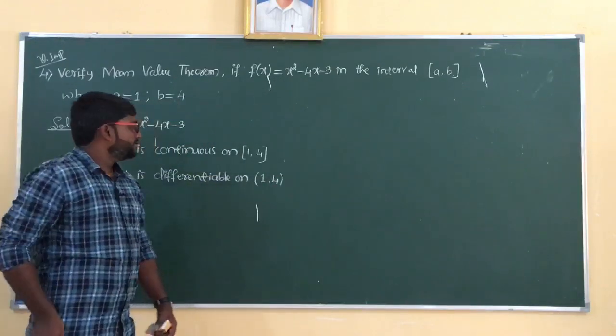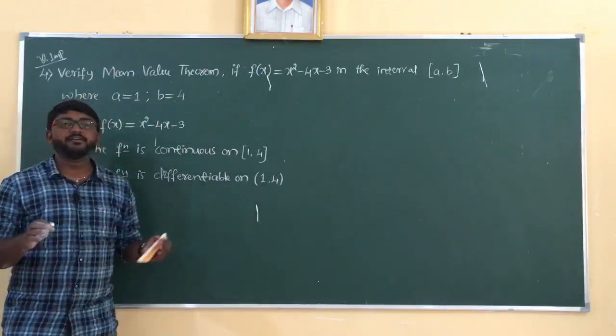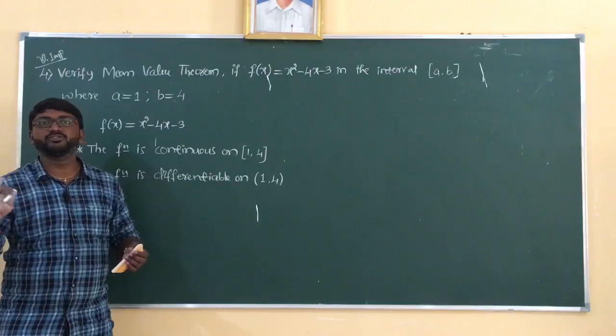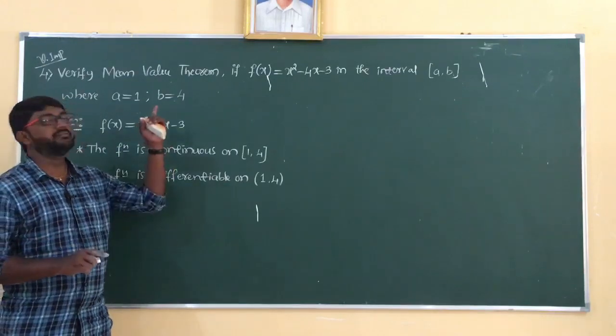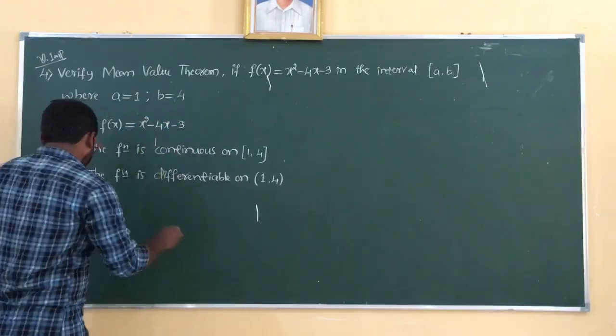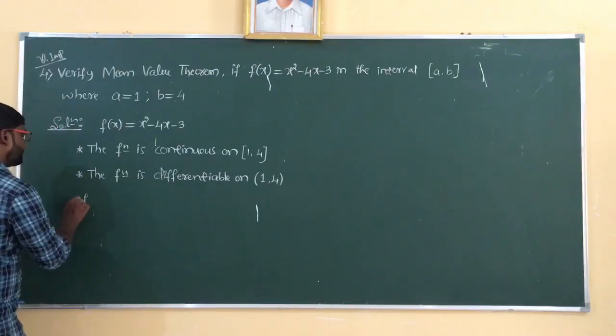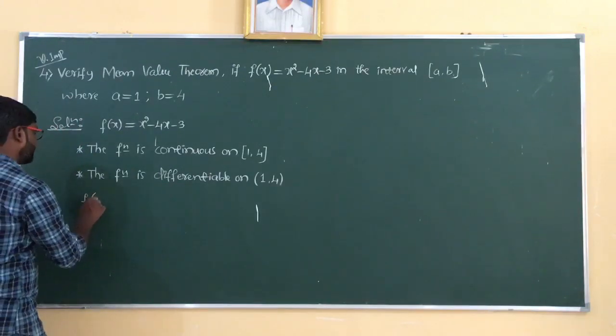And then next we have to check f of a and f of b both should not be equal in mean value theorem.